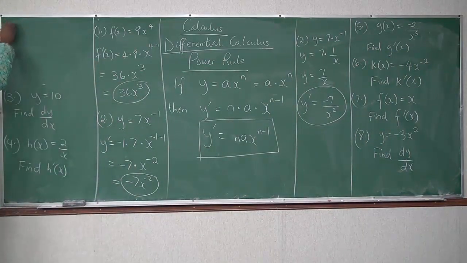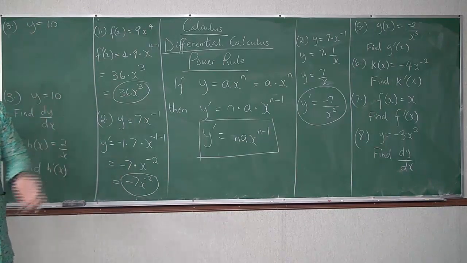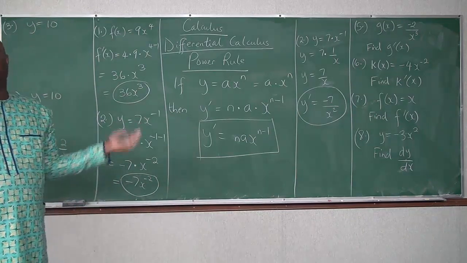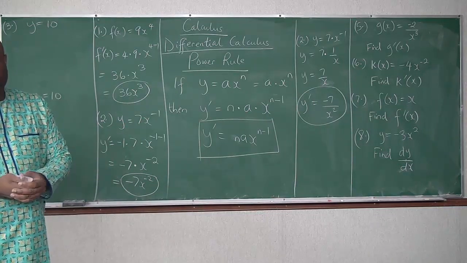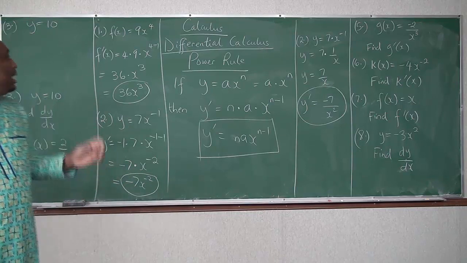Okay? Now let's do number 3. Number 3, you have y equal to 10. So some of you will ask me, I know, they tell you the derivative of any constant is 0. That's fine. How do you know?